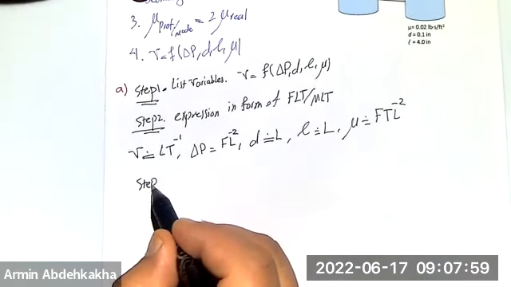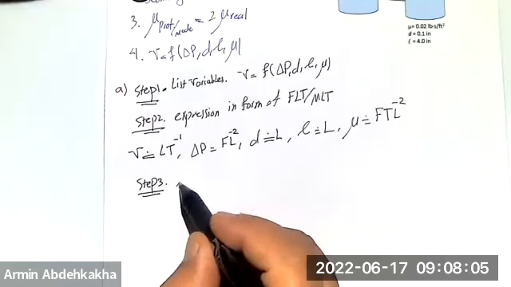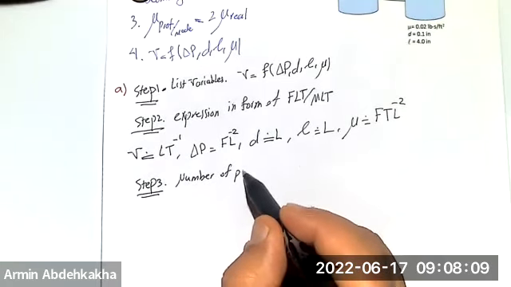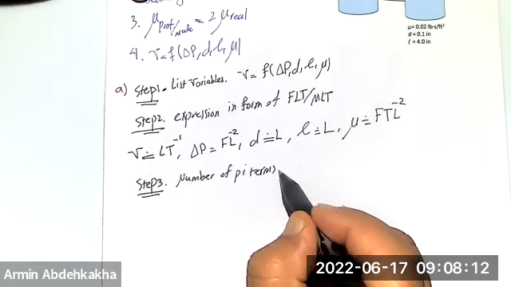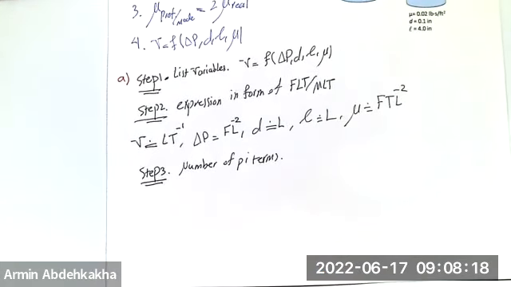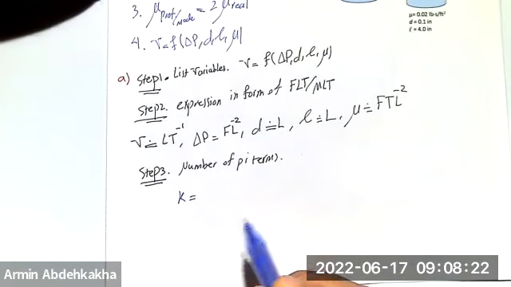Step 3 is what? It is just doing math: the number of pi terms. How many do we have? Okay, so we need two numbers here. First, what is K?